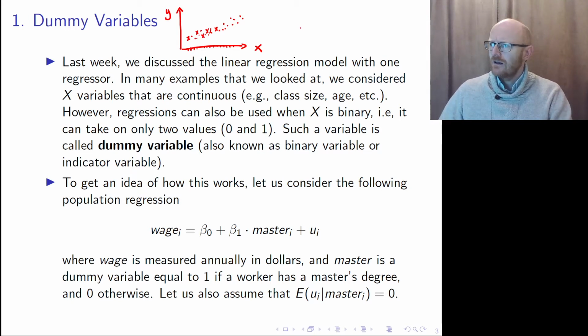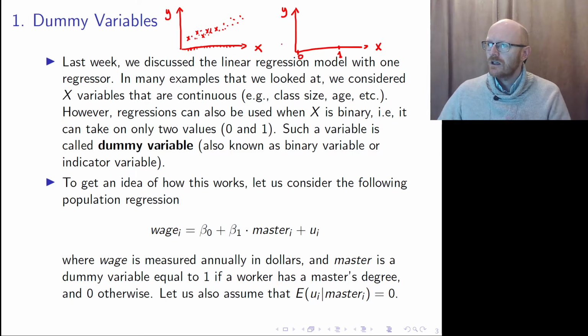In this lecture, we are going to talk about dummy variables, in which the x variable might take on a limited number of values, two values, either 0 or 1, either here or here.